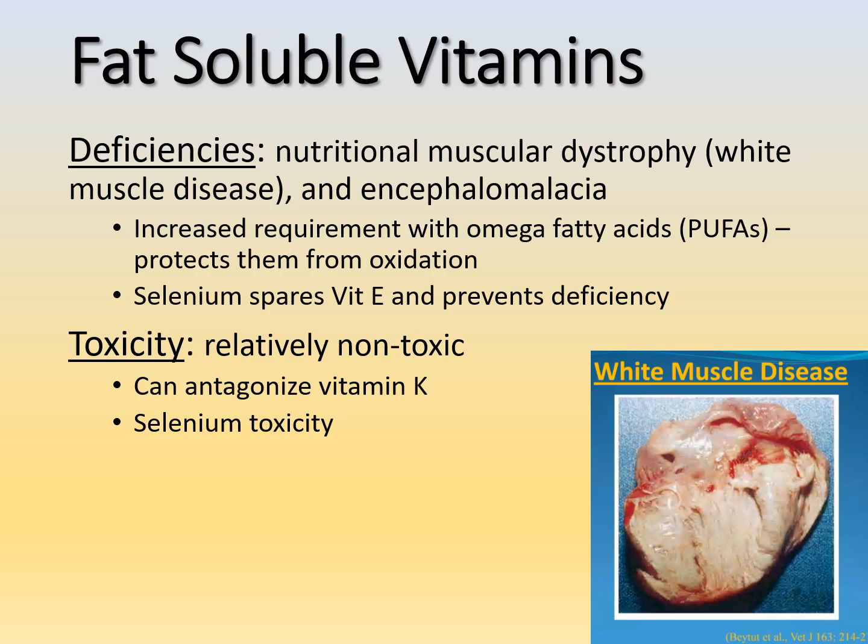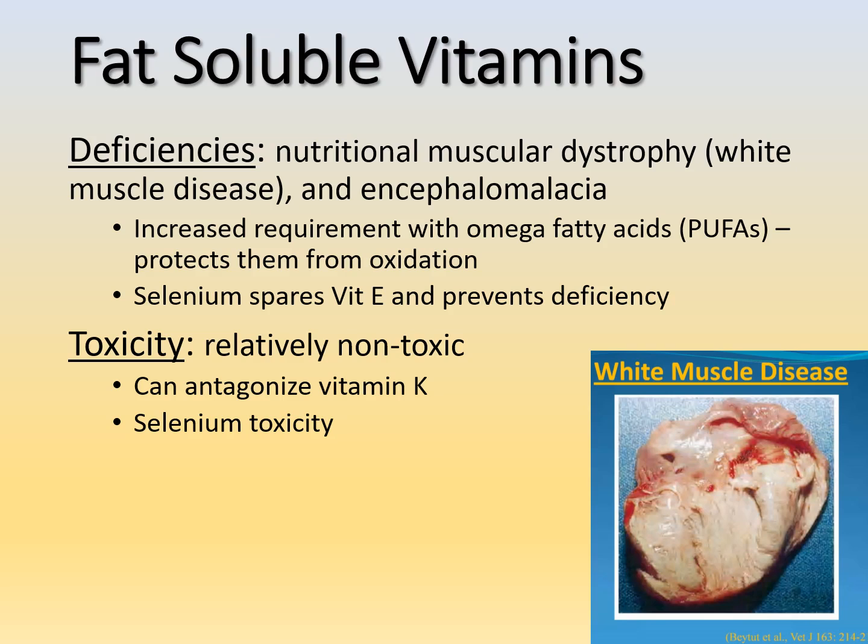Another thing that can happen with vitamin E is if you take vitamin E with vitamin K together, or you have too much vitamin E, it can actually antagonize vitamin K, which means it can block the function of vitamin K. And vitamin K is very important for coagulation and blood clotting, so you can see some anticoagulation effects with vitamin E as well.